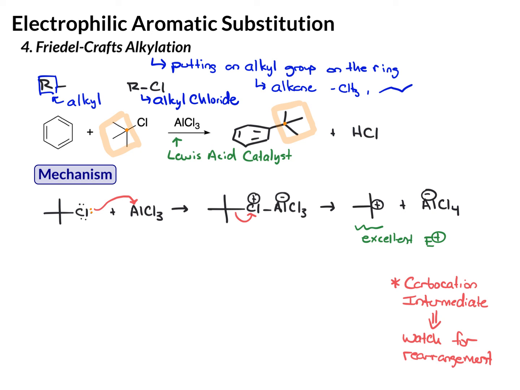All right, so now that we have our active electrophile, which is the carbocation, we can react that with the aromatic ring. And let's do like we've been doing. I'll go ahead and draw in a hydrogen, which is the one that we'll eventually get rid of. Let's react that with our tert-butyl cation.